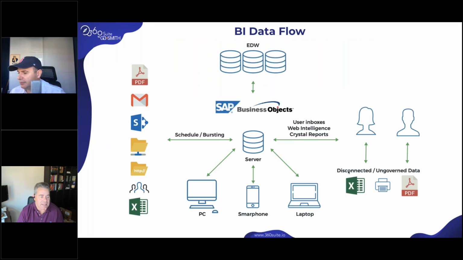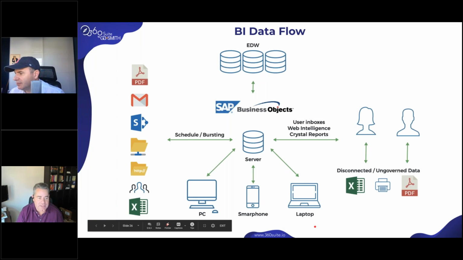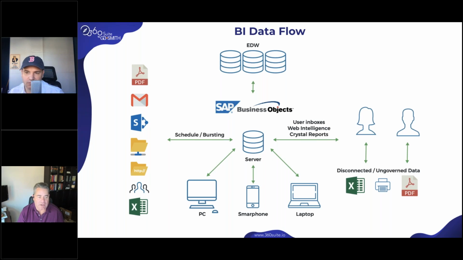And again, this is what we had touched on previously, which covers those three areas. The governed area within our business intelligence platform, the area where we touch on the governed data dumps, and then the ungoverned content, the disconnected, even like a physical printout, or a PDF or Excel document into the solution.